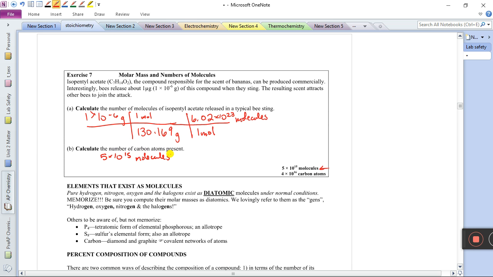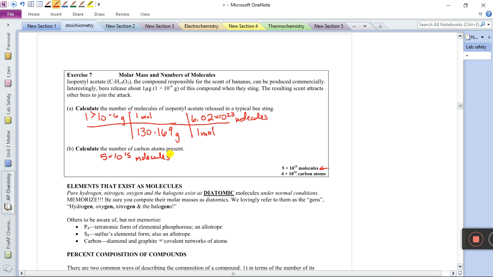Does anyone know why they rounded to 5? What did they give us? 1. How many significant figures does 1 have? 1. So your answer can't have more than that. And remember, in scientific notation, anything you bother to write is significant. The times 10 to the power doesn't matter.